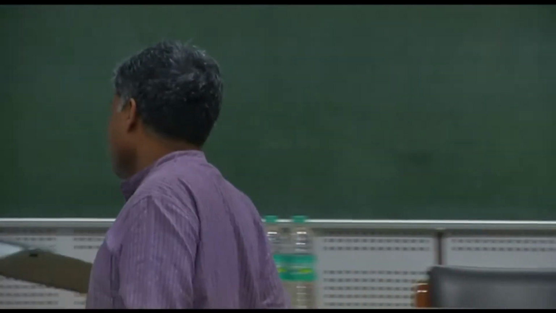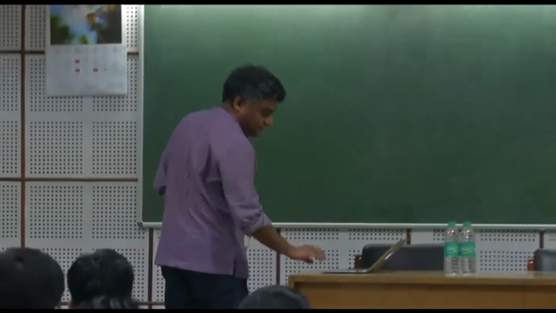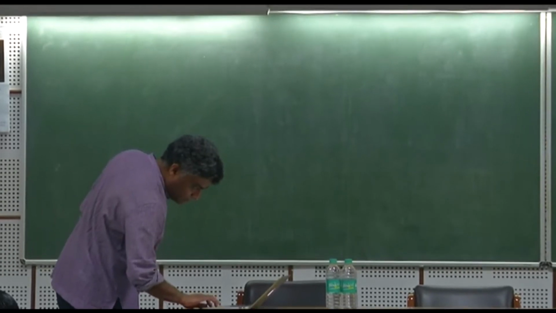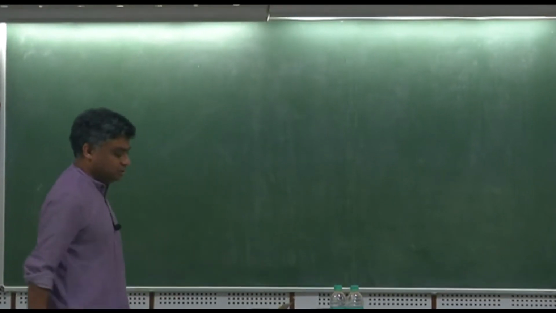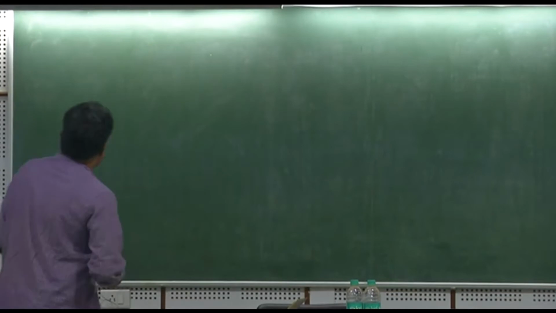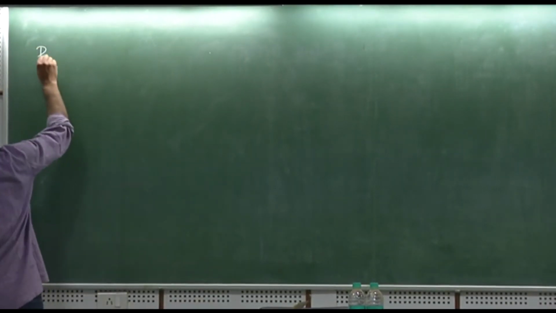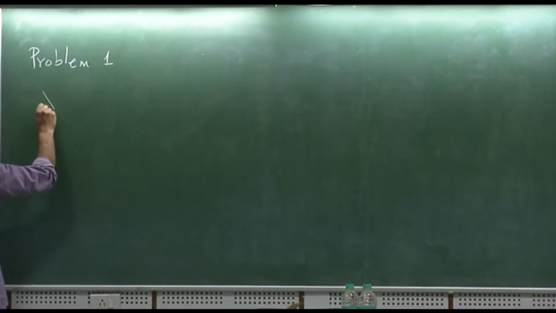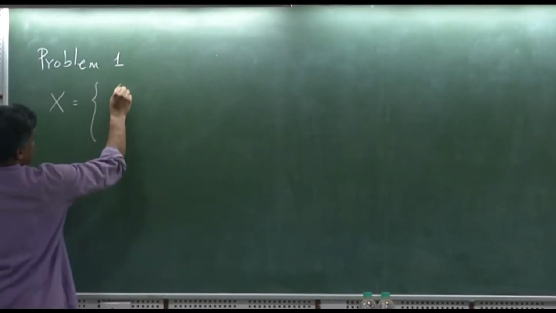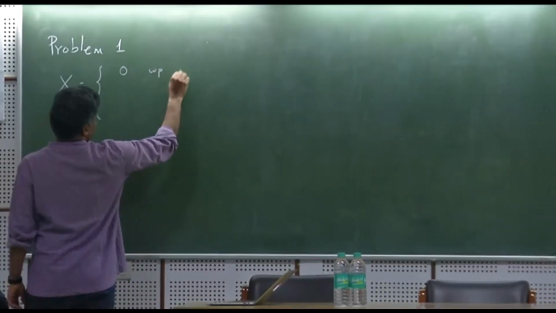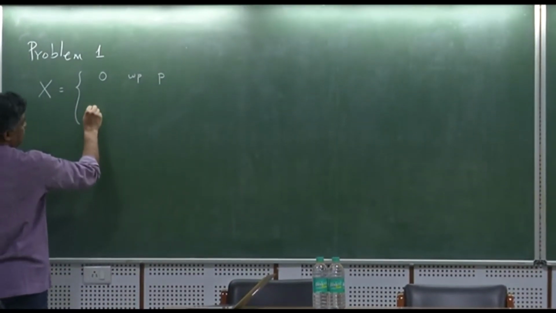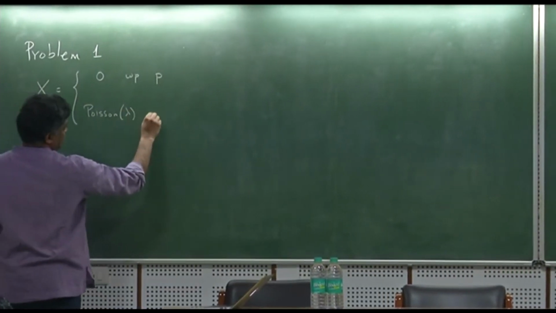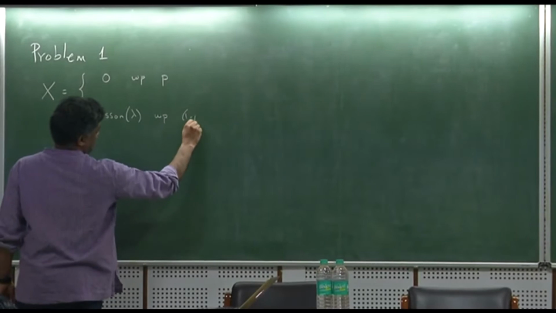All right. So let's start with the first one, which has something very common with the example that we showed in class. So problem 1: x is a random variable which is 0 with probability p, and it's equal to Poisson with rate lambda with probability 1 minus p.